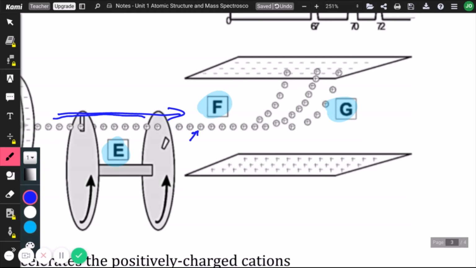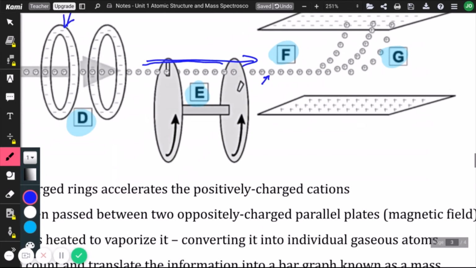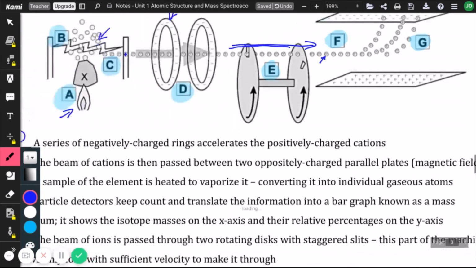They repel. What happens if a positively charged thing comes near a negatively charged thing? It's attracted. So one plate is going to push them away and the other one is going to pull them toward it. That's what happens there with those two plates.